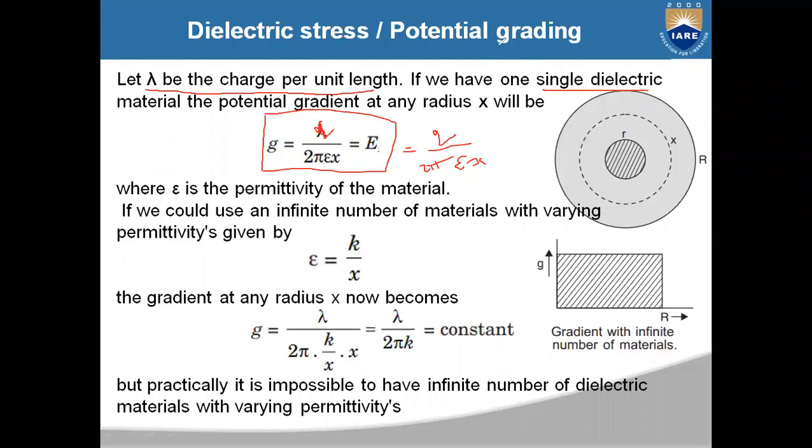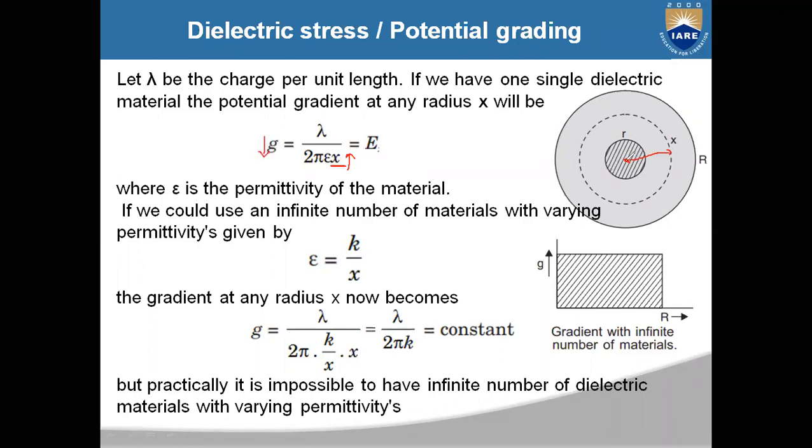Now from this expression, the potential gradient, which is also called electric field intensity or dielectric stress, depends upon x. X is the distance from the center of the conductor to the point where you want to consider the potential gradient. As x goes on increasing, the potential gradient value decreases.